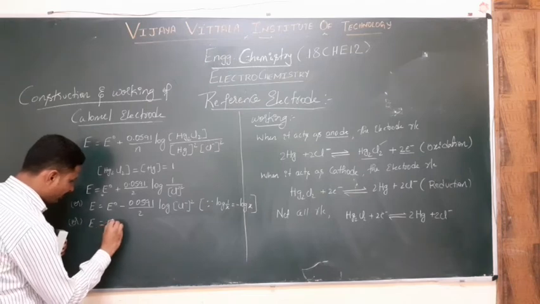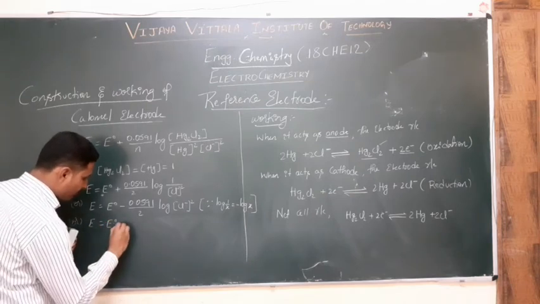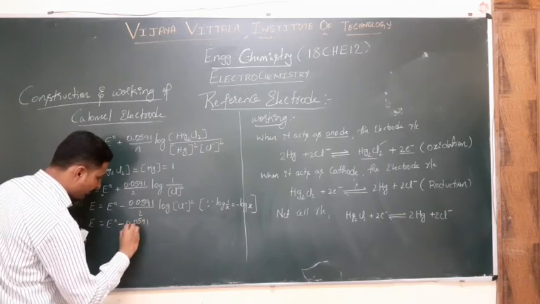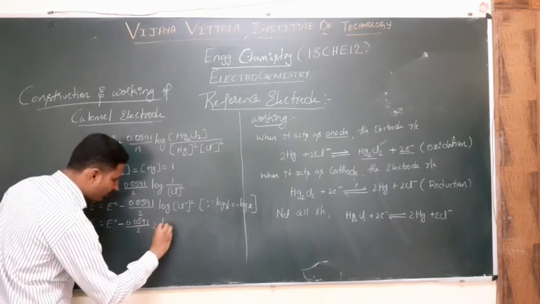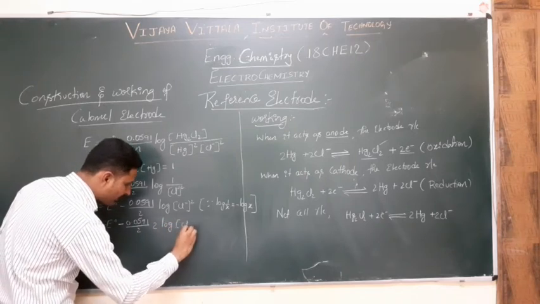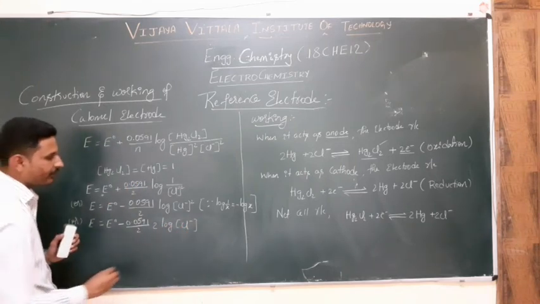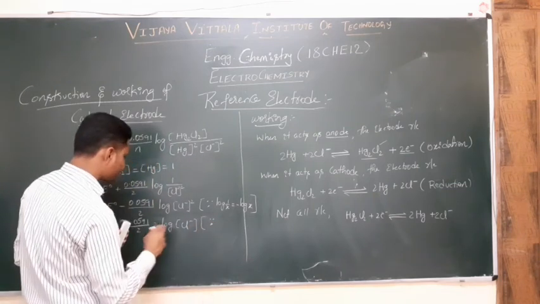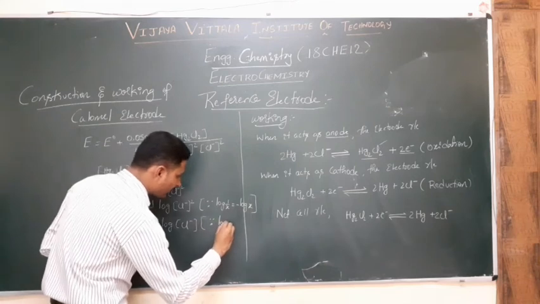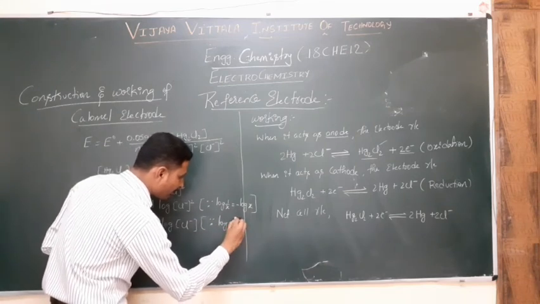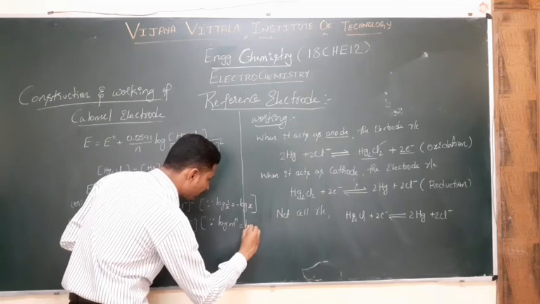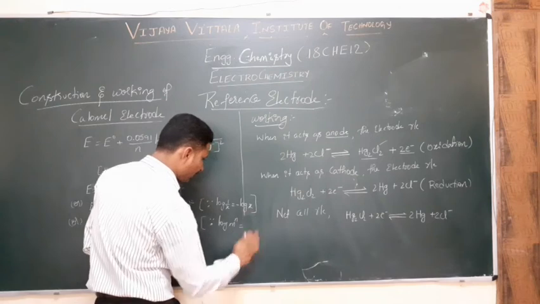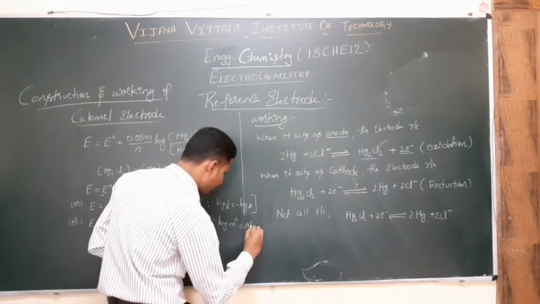Or E is equal to E naught minus 0.0591 divided by 2 into 2 log molar concentration of Cl minus, that is because of log m power n, that is equal to n log m.